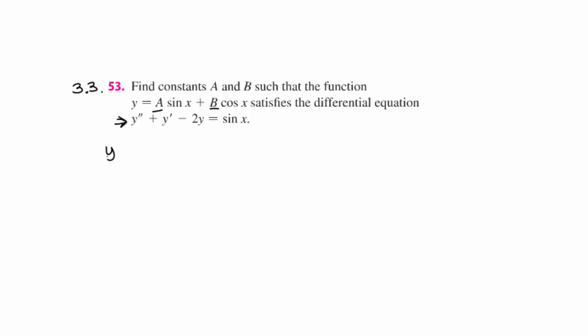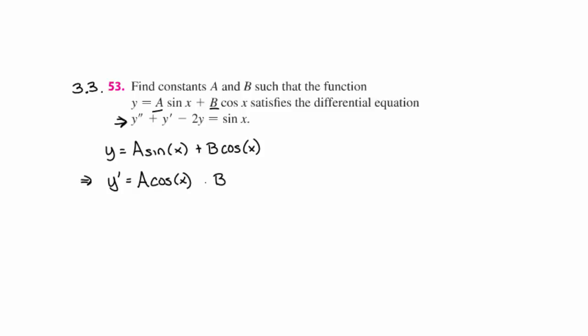So again, we were given that y is equal to a sine of x plus b cosine of x. Well, that's going to imply that y prime is equal to a times the derivative of the sine, which is the cosine, plus b times the derivative of the cosine.